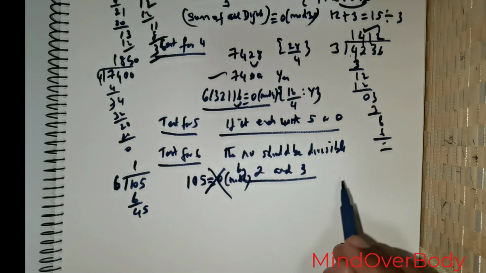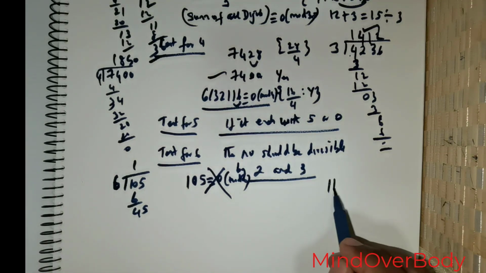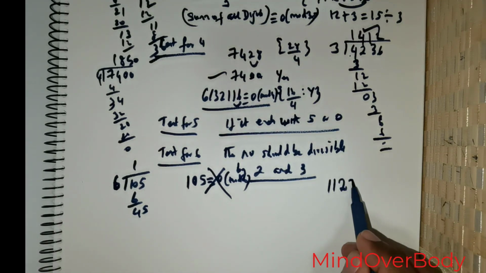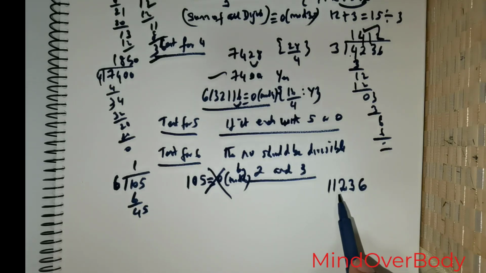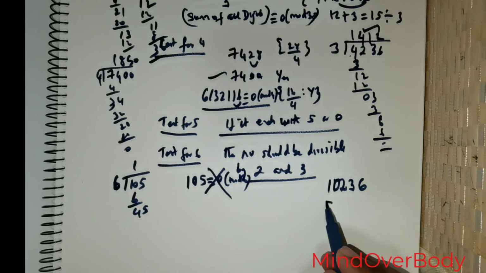So let me take another random number. Say 1, 2, 3, 6, 9, 10, 11. Instead of saying 1, I'll take it as 0, just for sake of illustration. Now let me check for divisibility by 3.